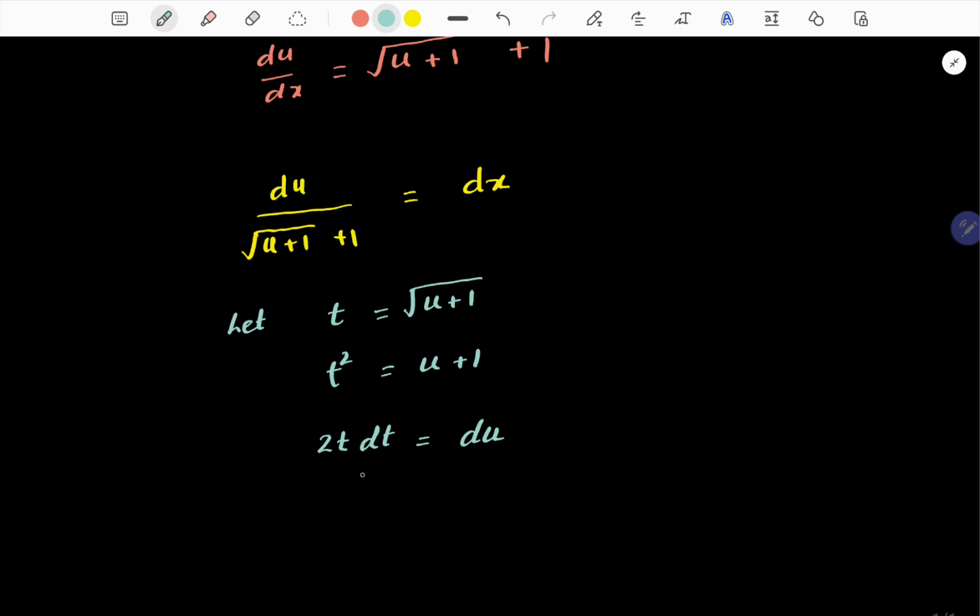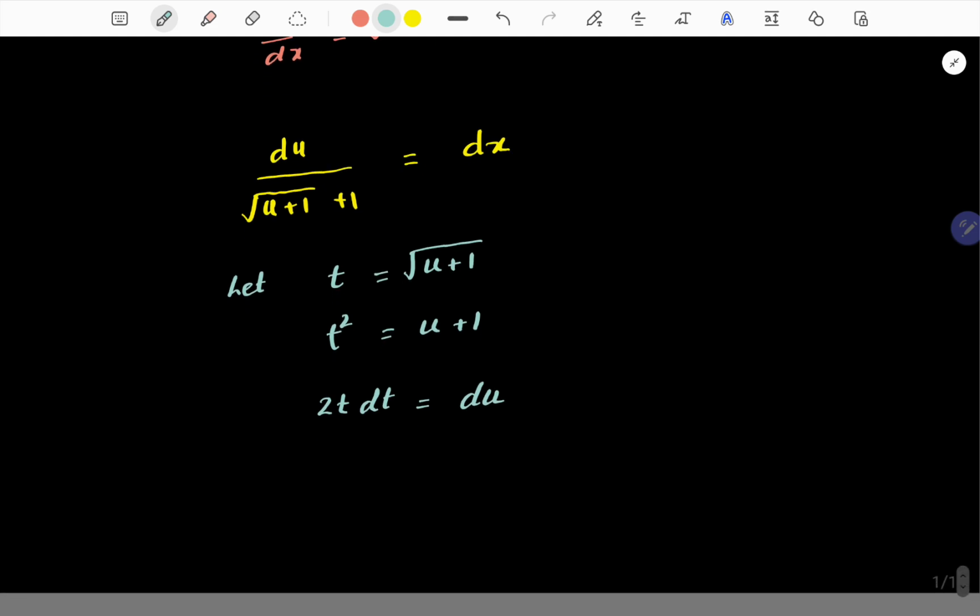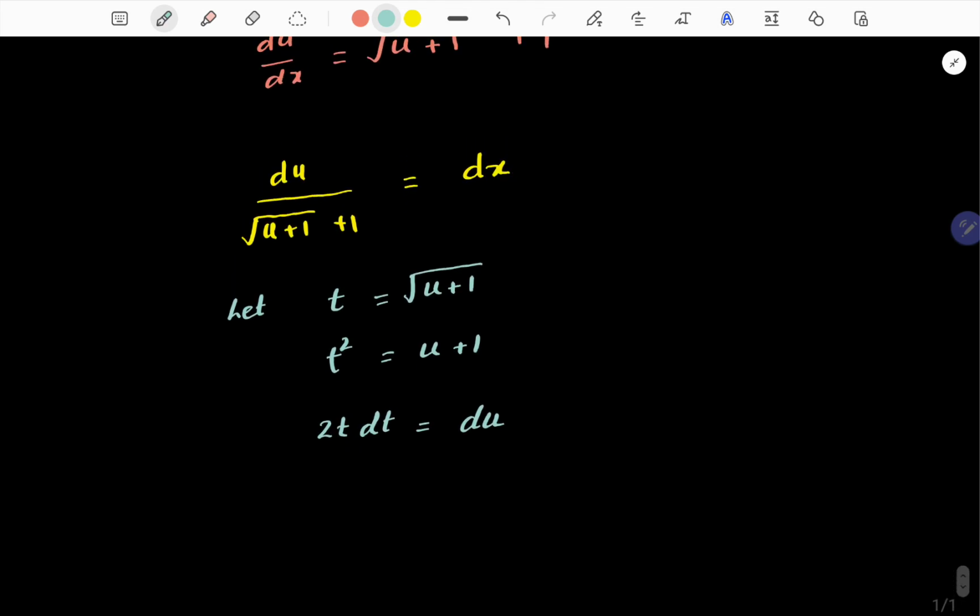So du will be 2t dt. Substituting these values in the above equation, we get 2t dt divided by t plus 1, which is equal to dx.